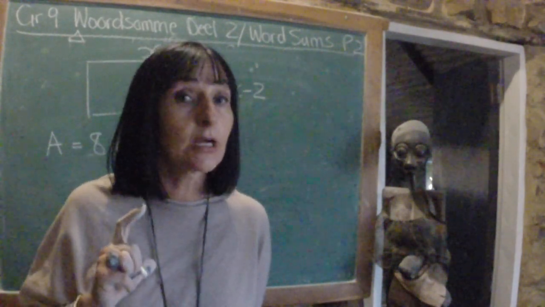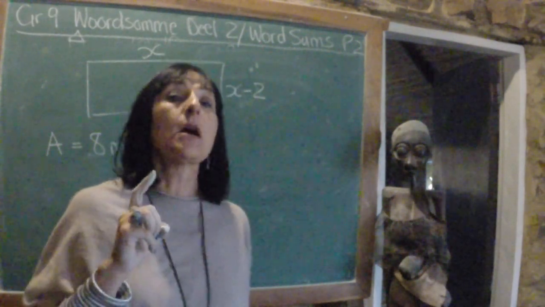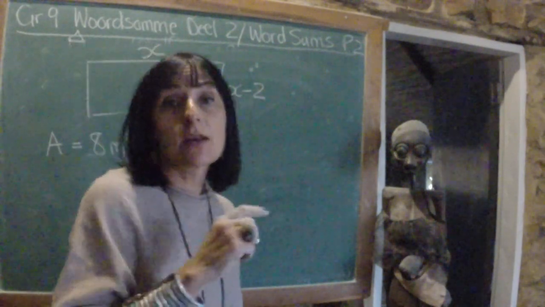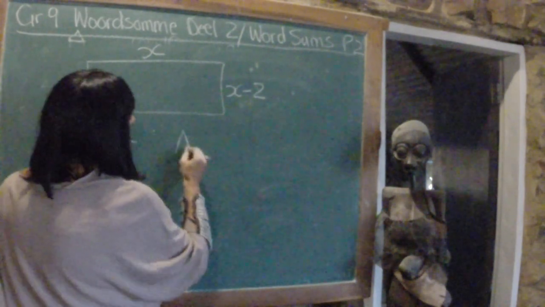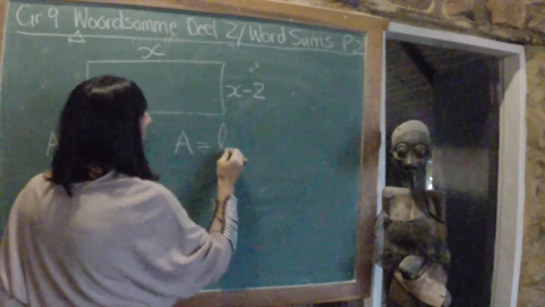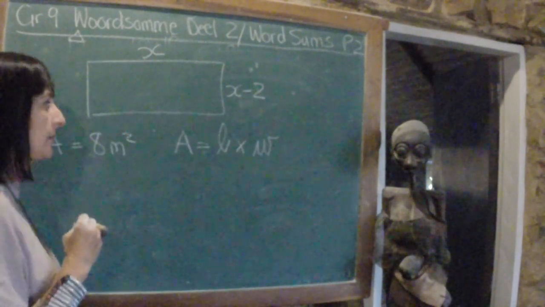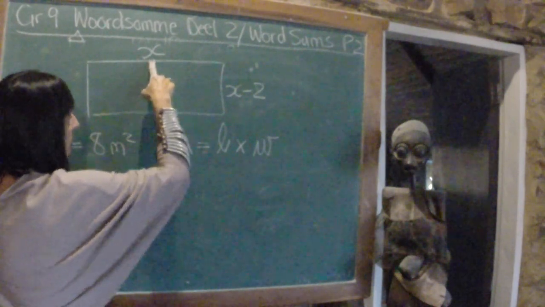To be able to work out this sum or to determine x, I must know what the formula to calculate the area of a rectangle is. En dit is area equals length times width or breadth. Same thing. So ek kan gaan sê, let's substitute the x.